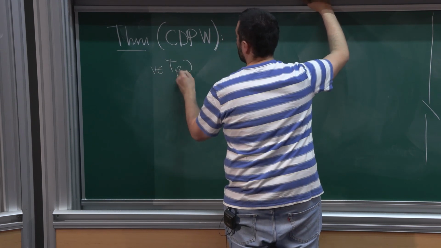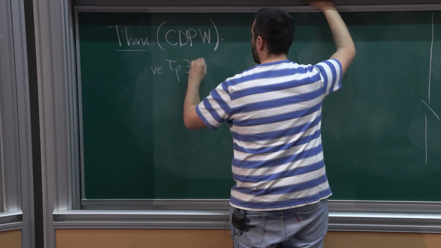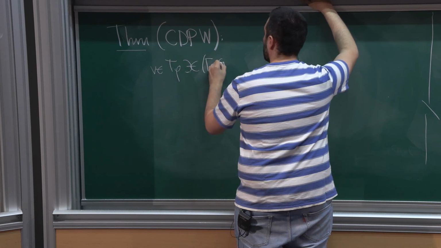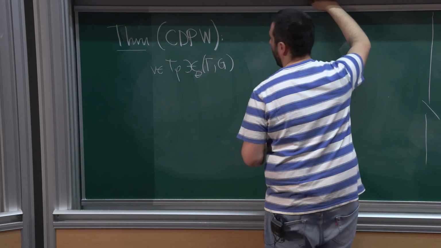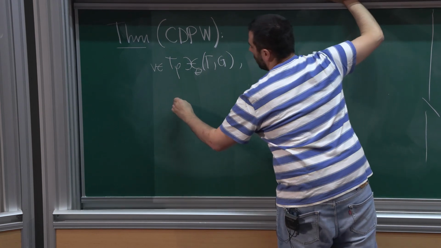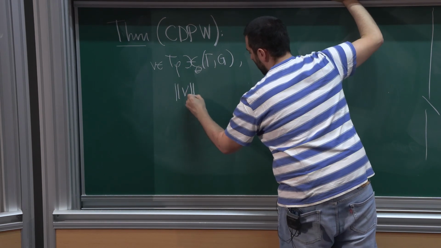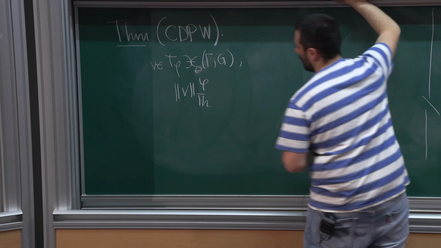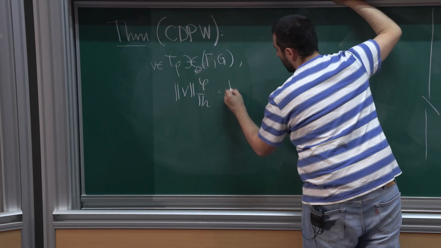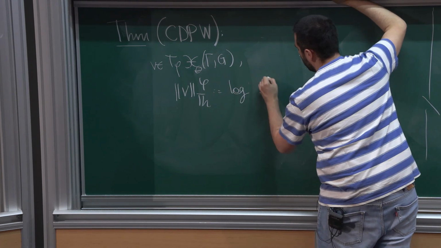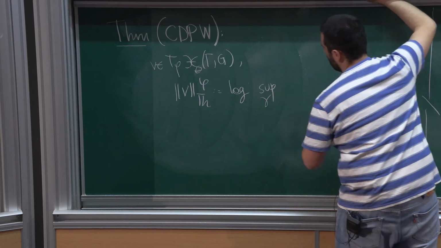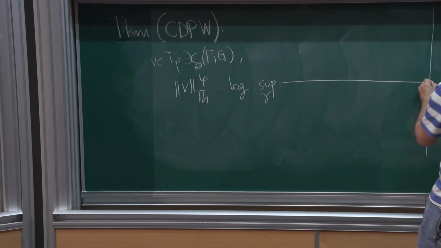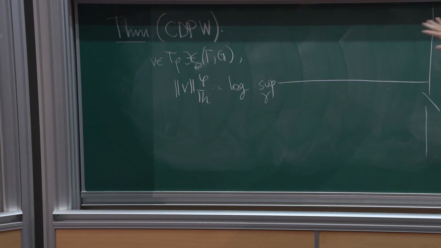So if I have a tangent vector, let's say I am in a smooth point of the space. So define this. This will be the log of the sup over gamma, and then the formula is horrible. But I want you to keep in mind that if entropy is constant, then it will be the same formula.